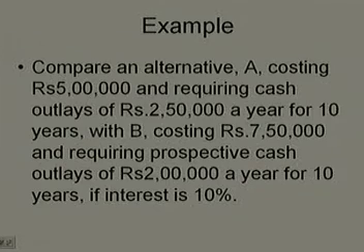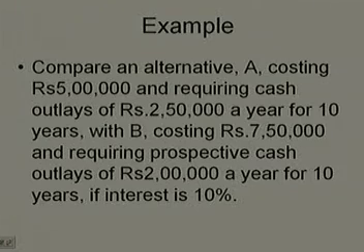Alternative B costs rupees 750,000 and requires a cash outlay of rupees 200,000 a year for the next 10 years. We already solved this problem using the present worth method. Now, I want to solve it using the future worth method.